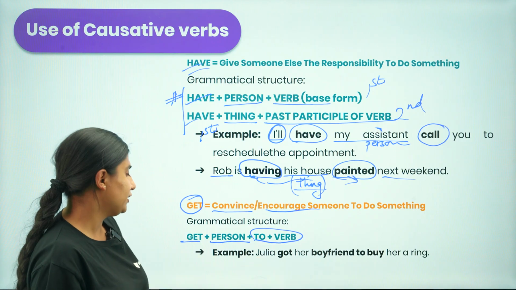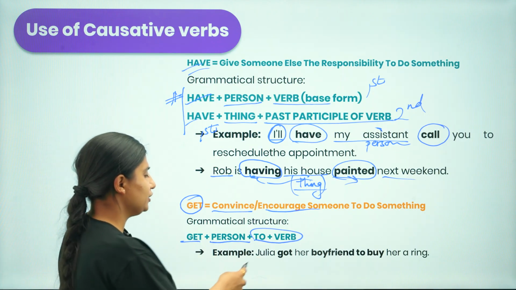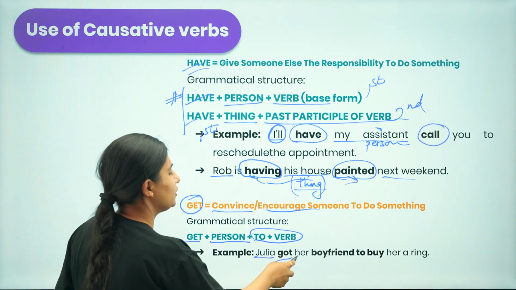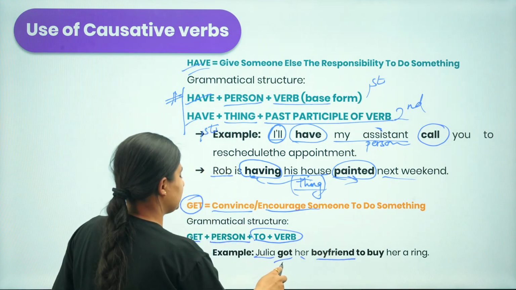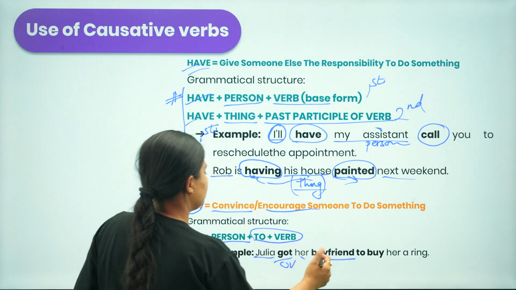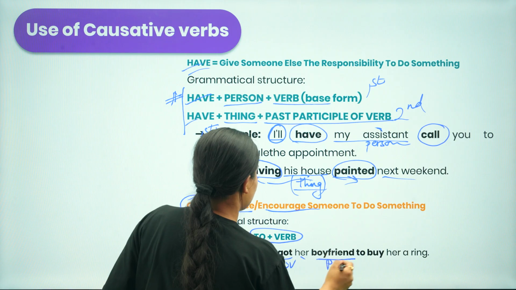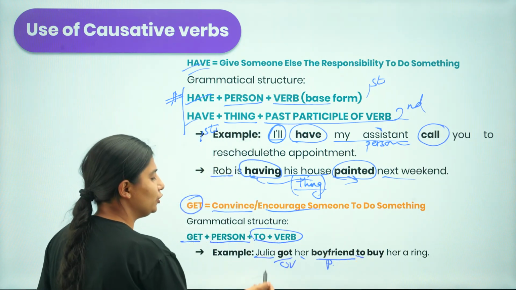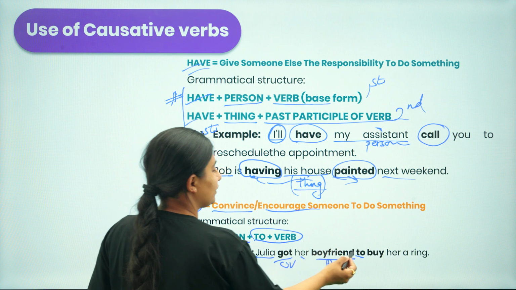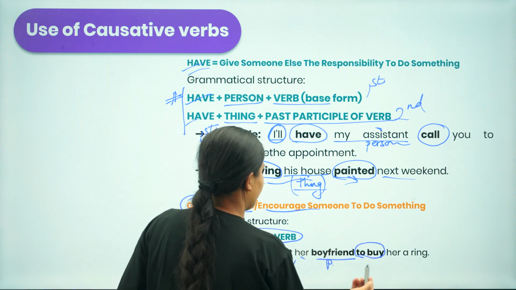Here we have the example: Julia got her boyfriend. Here got is the causative verb, boyfriend is the person, and what did Julia make her boyfriend do? Julia got her boyfriend to buy her a ring.